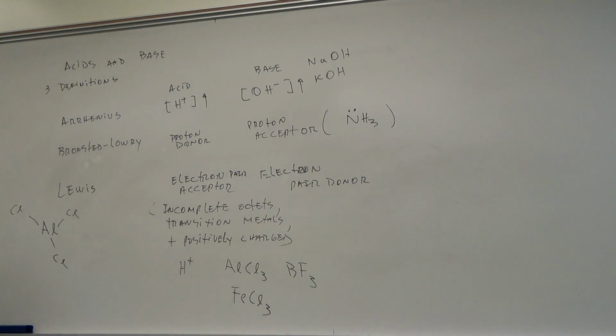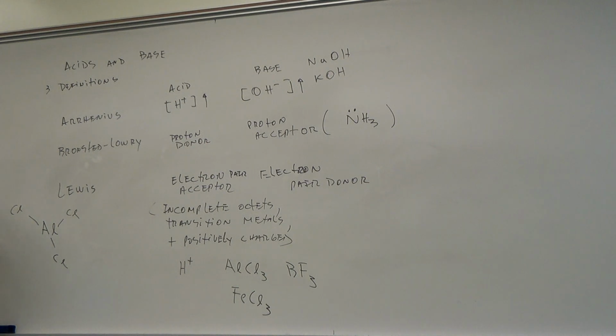So if there was something else here, like something like this, or let's say something like this, does that have electrons to give to something else? Yes. It's not going to give them away forever, but it does have electrons.